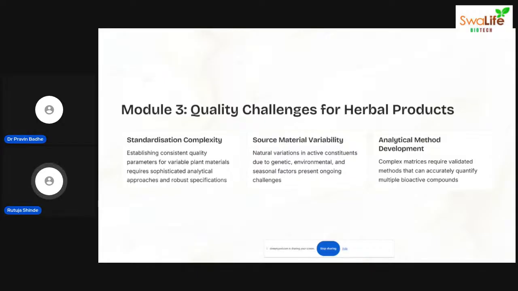So we need to account for source material variability influenced by genetics, environment, and even the season, as well as ensuring our methods are capable of handling this complex mixture. This module really highlights the scientific rigor needed in herbal product development.